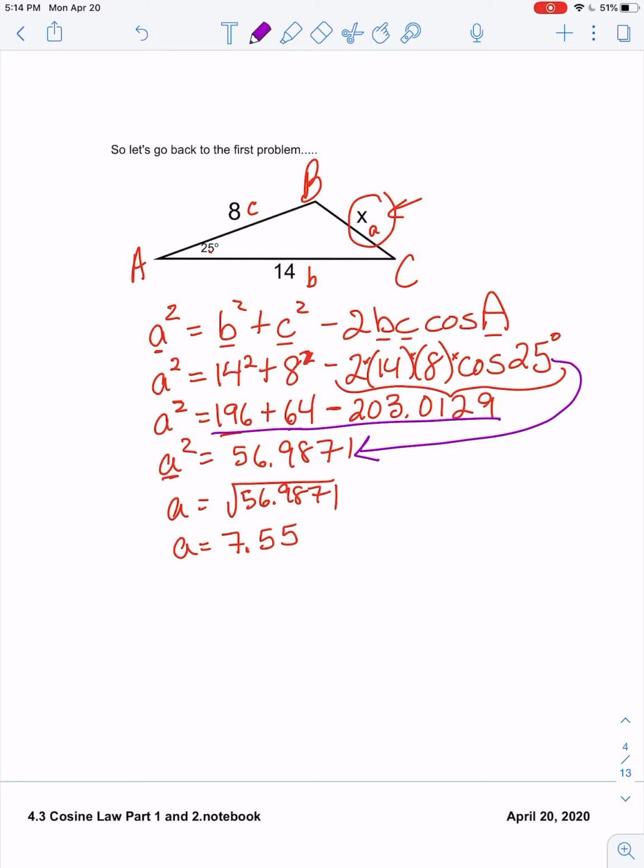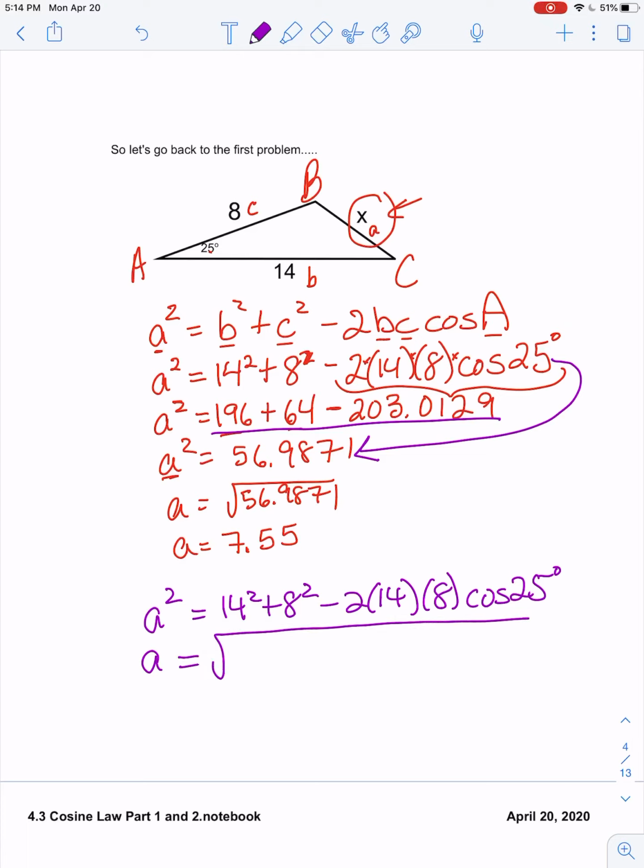You can also do this if you're really good at your calculator. If A squared equals 14 squared plus 8 squared minus 2 times 14 times 8 times the cosine of 25 degrees, that means that A must equal the square root of all that.